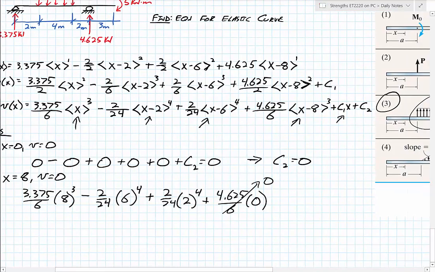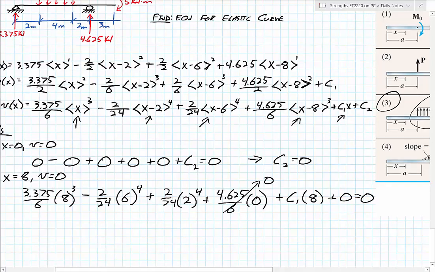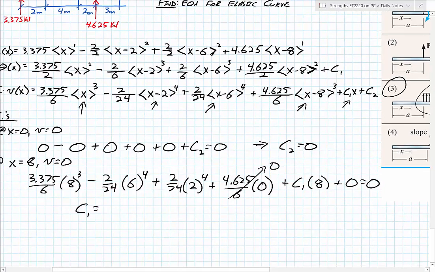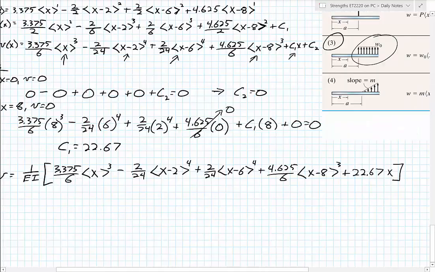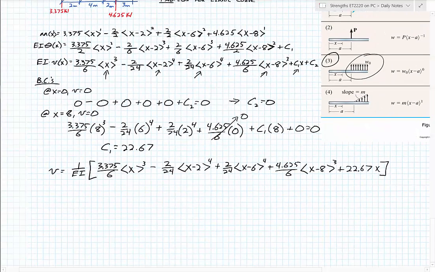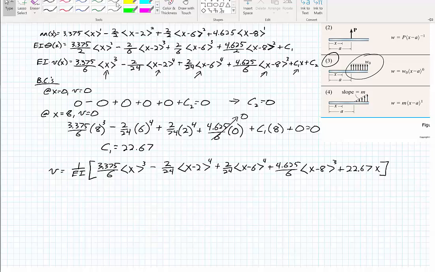And then I have C1 times 8, and C2 we already said is 0, and that whole thing has to equal 0. So the only unknown there is C1. If I did my math right, I got C1 to be 22.67. Then the last step, putting it into my form, moving that EI to the other side to make it look a little cleaner, and I end up, after I put it all in there, with something like that.